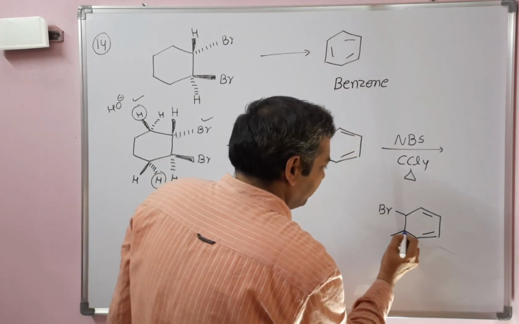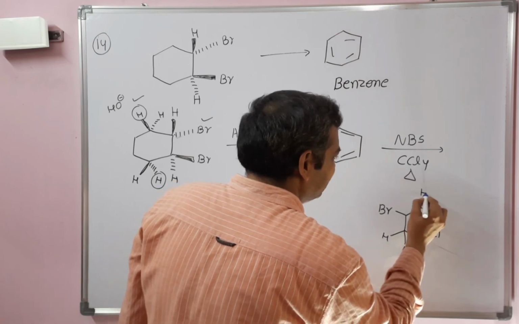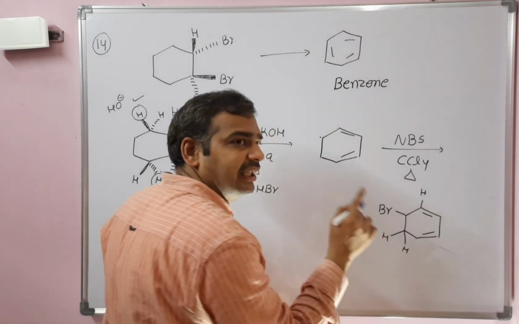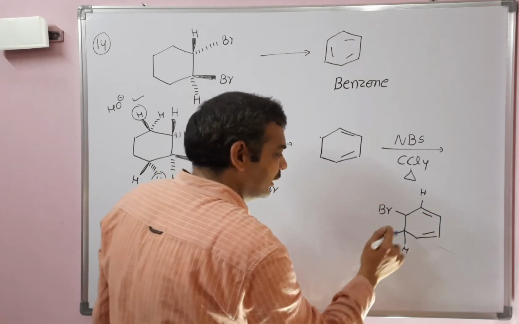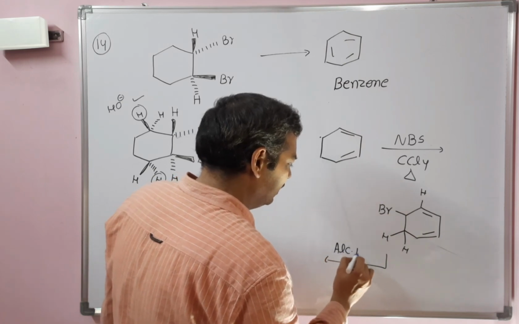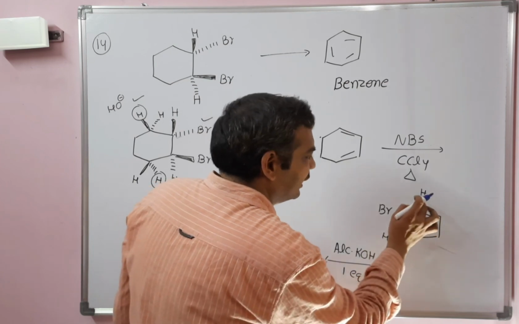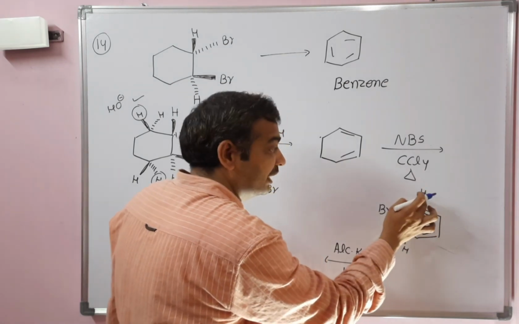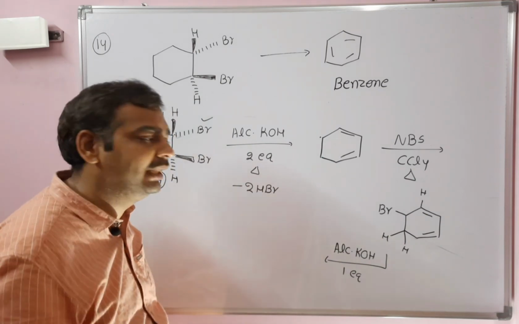Here again there is a hydrogen, but this hydrogen is attached to an sp2 hybridized carbon. If you use alcoholic KOH, one equivalent or excess, it will not abstract a proton here. To abstract this proton, we need to use sodamide in liquid ammonia, or LDA.